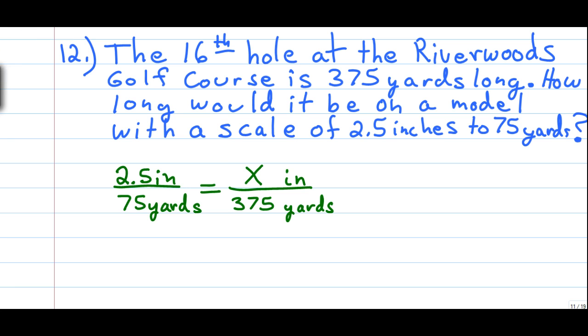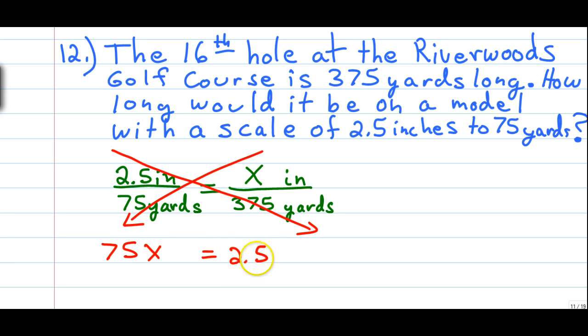Now we can take the cross products. So we'll simply multiply across. So we'll have 75x equal to 2.5 times 375. Let's simplify. 2.5 times 375 will get us 937.5.